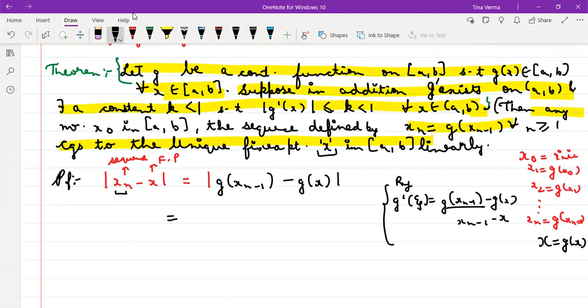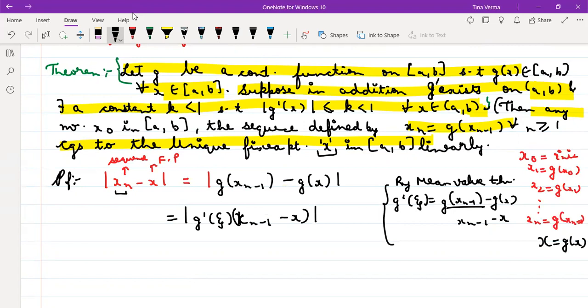This is your mean value theorem. I have already explained in the previous lecture what the mean value theorem is. So this will be equal to g dash psi times xn minus 1 minus x.